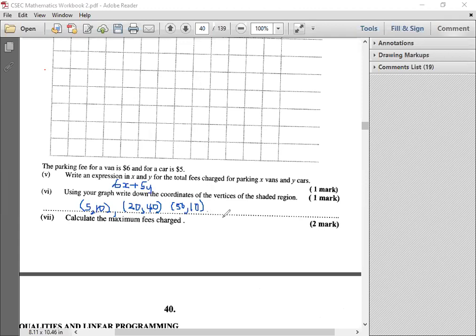All right. The next question asks us to calculate the maximum fee charged. So it's one of these coordinates that you're going to plug into this to get the maximum fee charged.